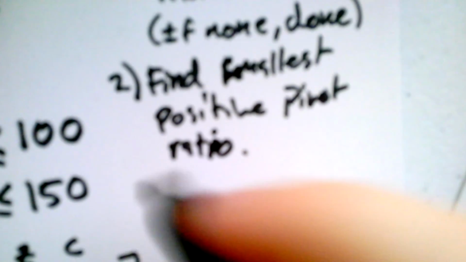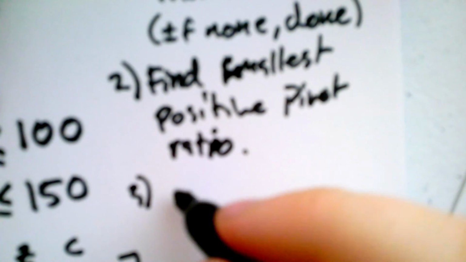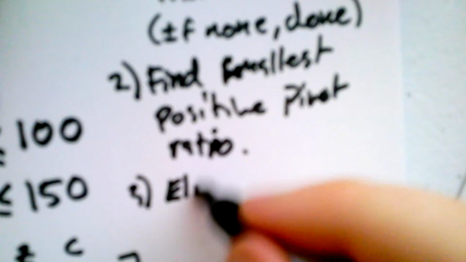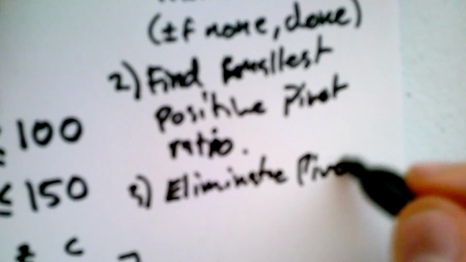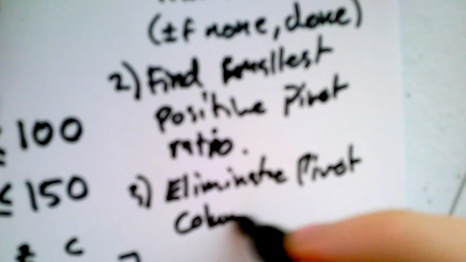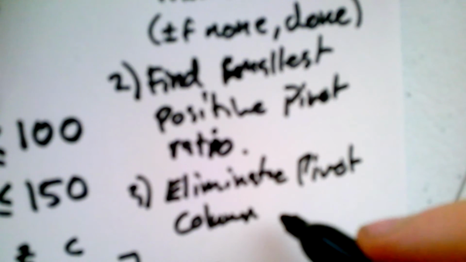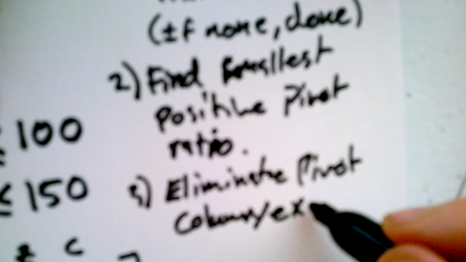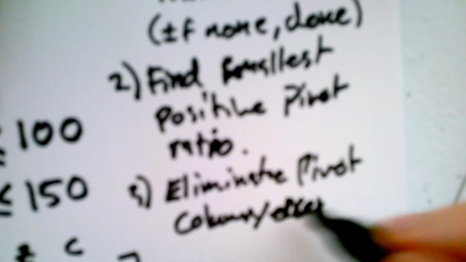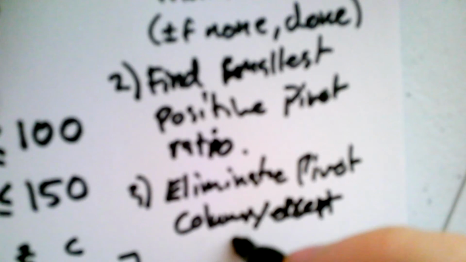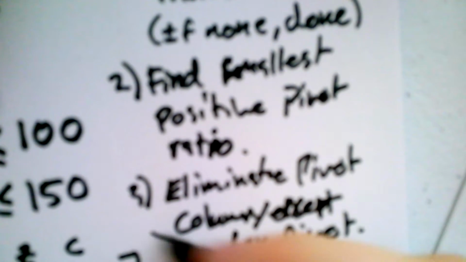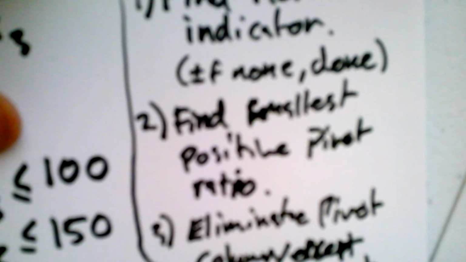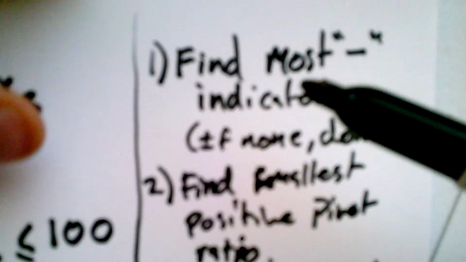Okay? Third, eliminate the pivot column except for the pivot. And when you're done with that, return to step 1. So the first step, find the most negative indicator.